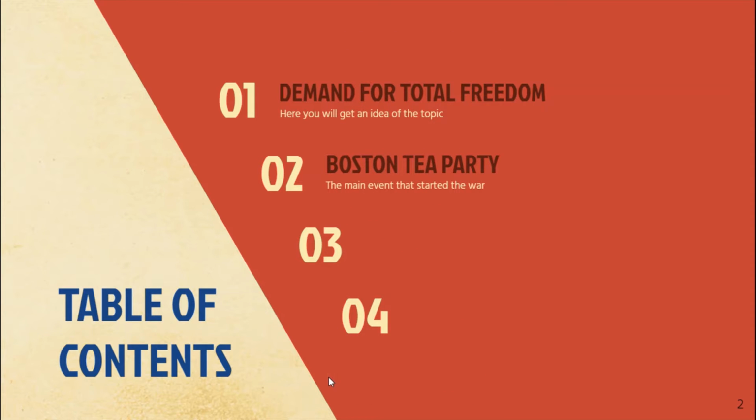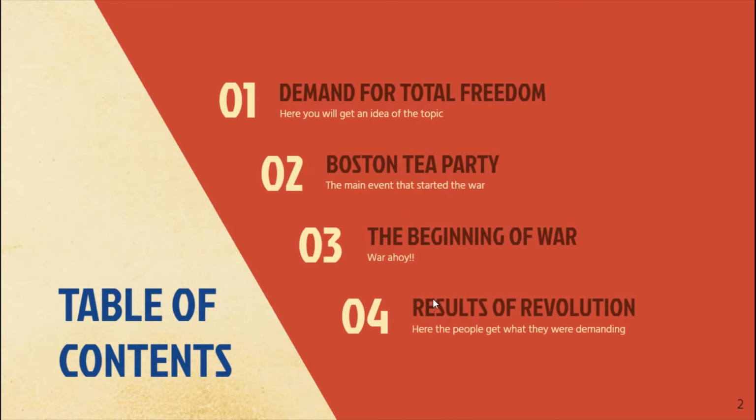One of the protests was the Boston Tea Party, which was the main event that started the war. And then we had the beginning of the war. The war has ended, and we're going to be talking about that and the results of the revolution.